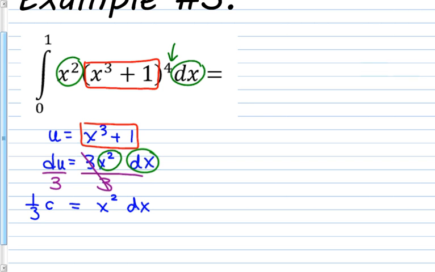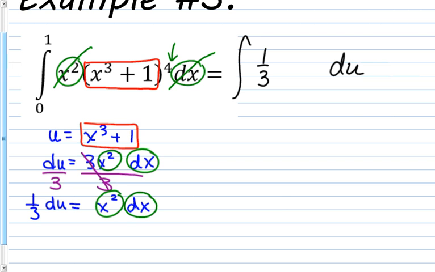But now this is 1/3 du. So when I replace the x squared and the dx, it's not just going to be du, it's going to be 1/3 du. So dx and the x squared are going to get replaced by 1/3 and then du, or you can even write du over 3, but this is nicer. And then the x cubed plus 1, that's going to be replaced by u.